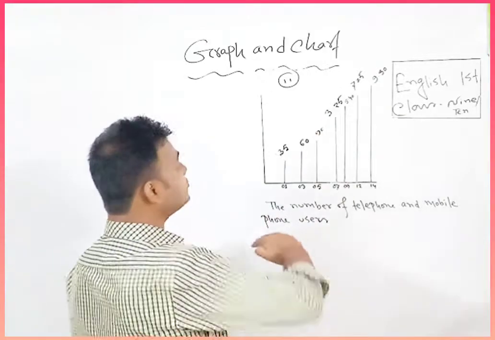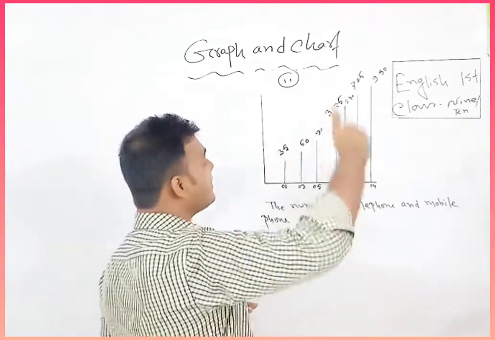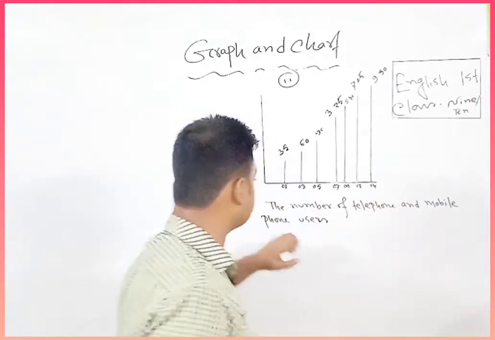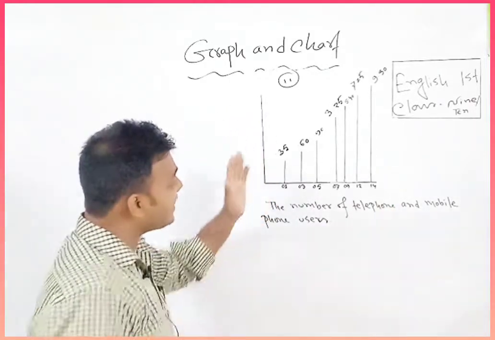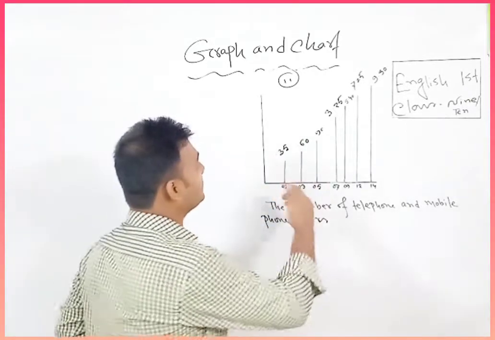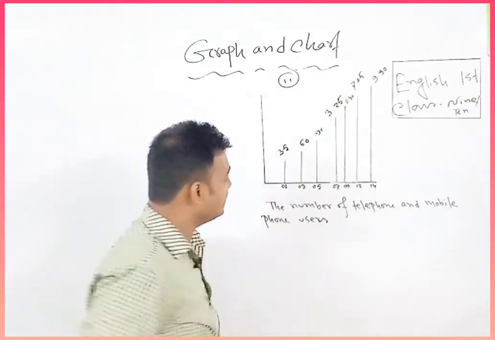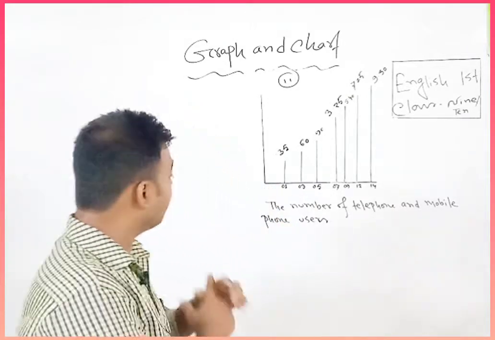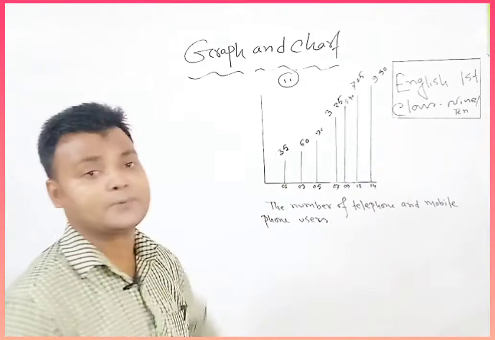The graph shows the constant rise year by year the rate of টেলিফোন অ্যান্ড মোবাইল ফোন ইউজ। তার মানে এই নাম্বারটা ধারাবাহিকভাবে বেড়ে চলছে। দেখো ইন 2001 the number of telephone user rate was 0.35 crore.